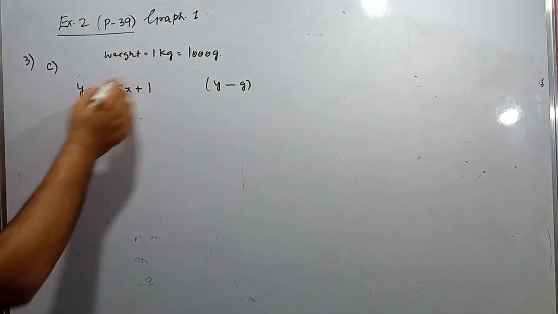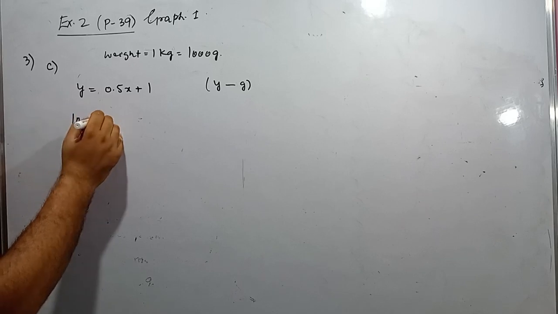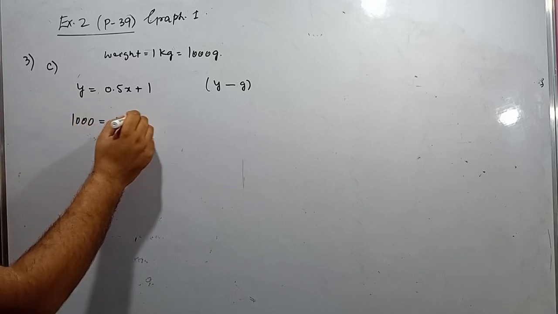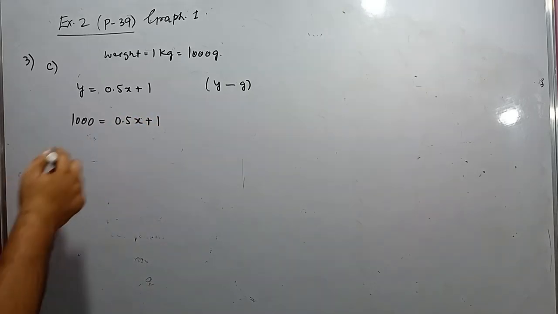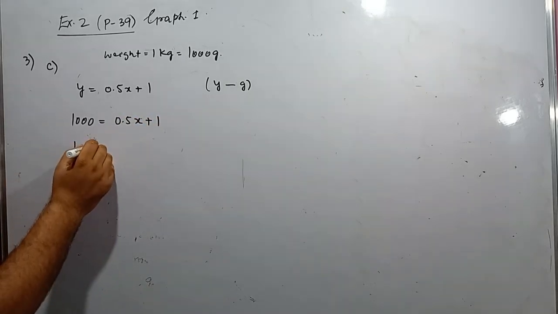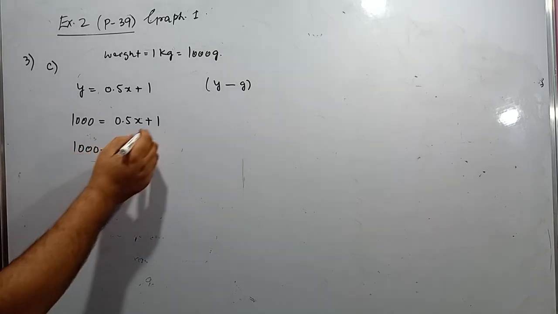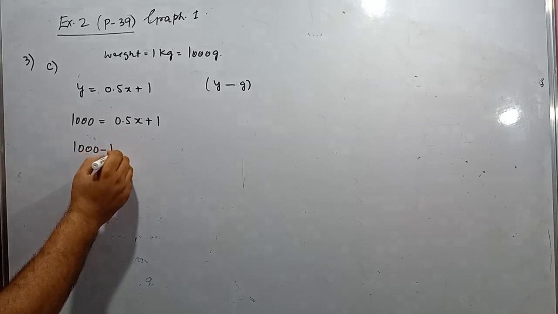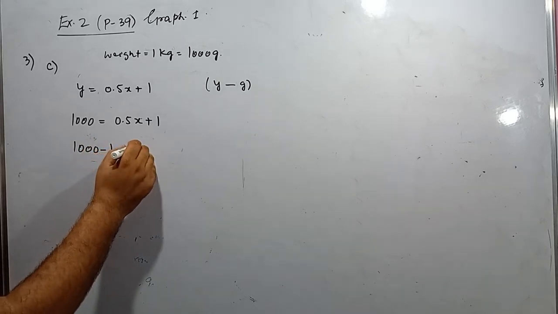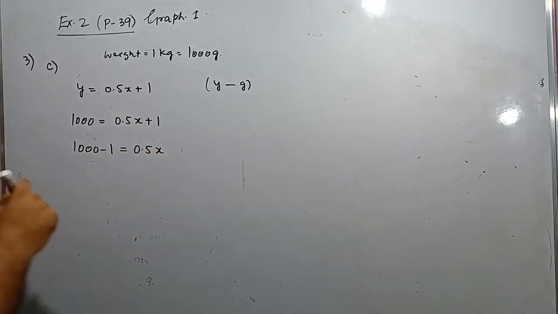What is the value of y? That is 1000, equal to 0.5x plus 1. That is 1000 minus 1 equal to 0.5 into x.